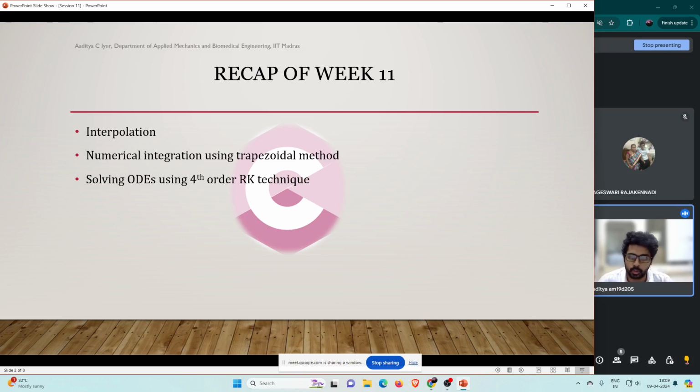And then briefly we saw how ordinary differential equations can be solved using the fourth order Runge-Kutta technique. There is also second order, and there are many techniques, so if you are more interested you can go through it at your own pace. And then recursion was done properly.